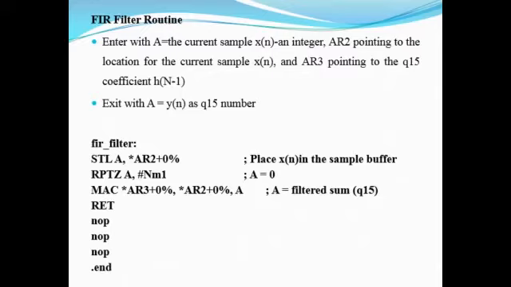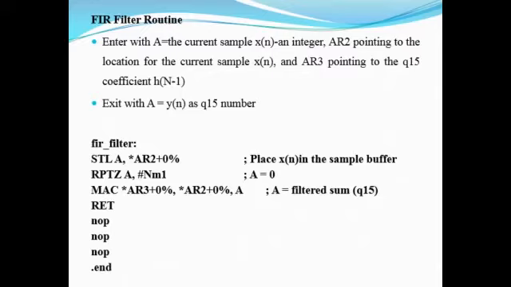Once that is done, we go with the MAC instruction. The MAC instruction performs multiplication and addition of the values. Initially AR3 and AR2 are two pointers, which are auxiliary registers. AR2 points to a sample, so this is a sample pointer, and this is a pointer for the filter coefficient.